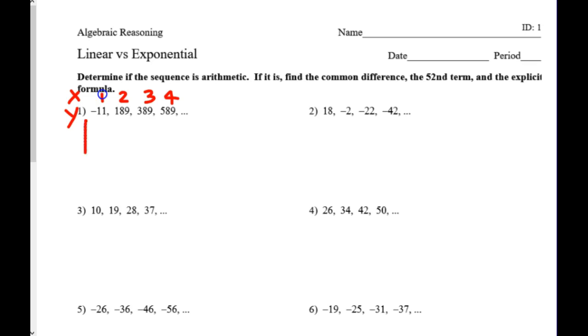So here's what you can do. Think of it as a table. So you got x, you got y, 1, 2, 3, 4, negative 11, 189, 389, 589. Okay?